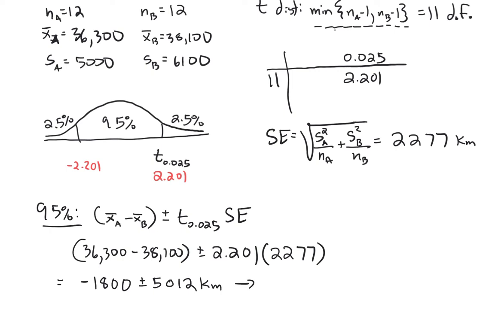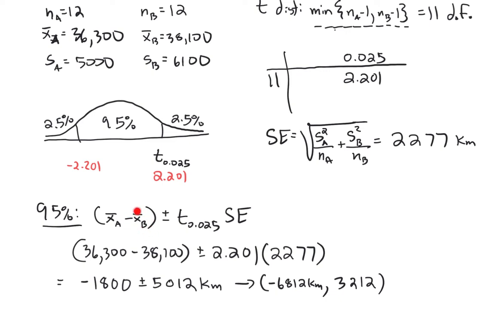And I'll put it in interval notation too. So first of all, we have negative 6,812 kilometers. And then we have positive 3,212 kilometers.